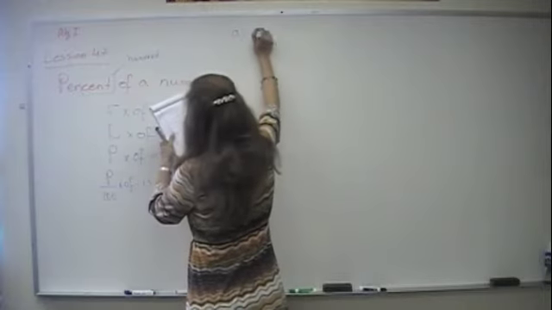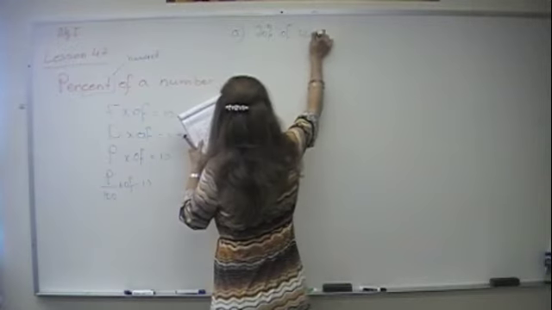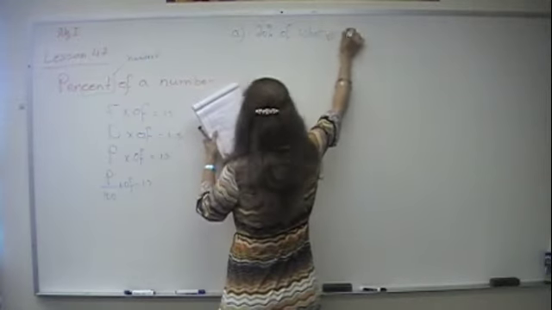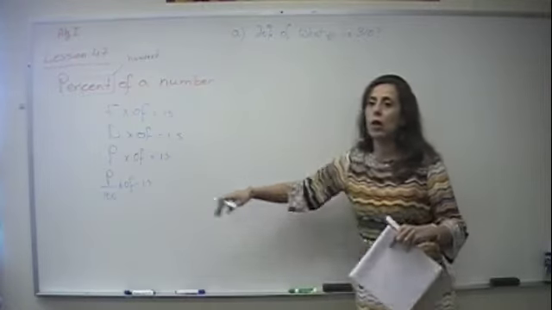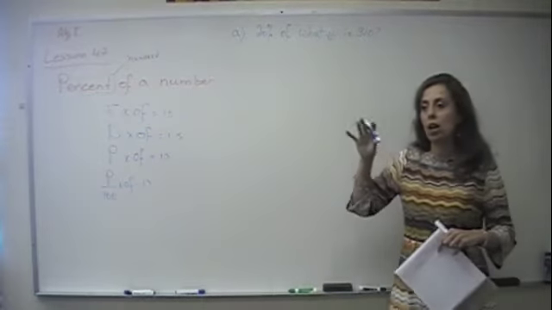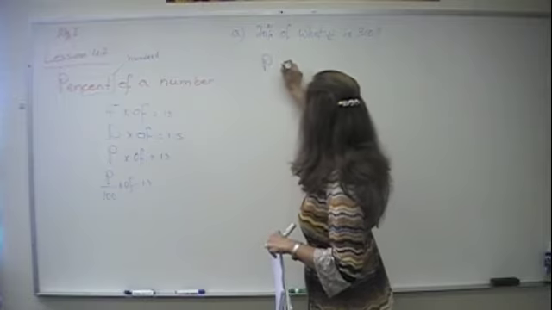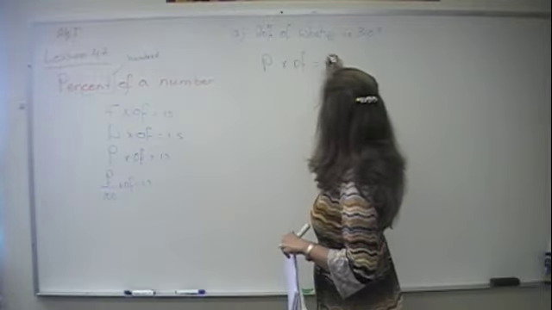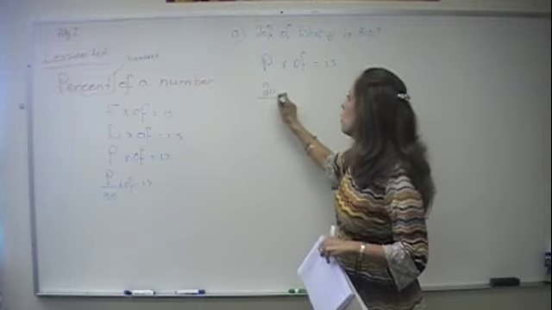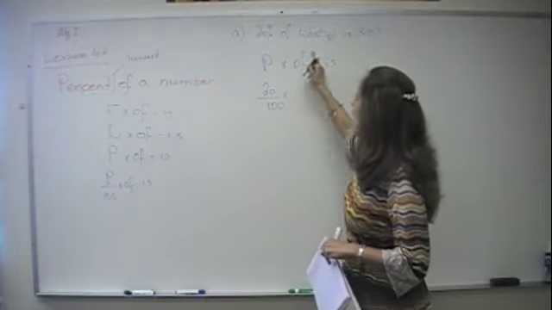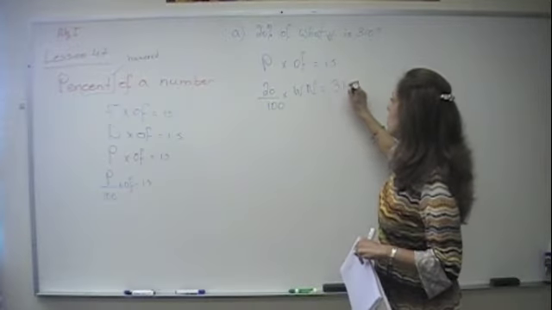First example A, 20% of what number is 310? You put the equation and you substitute everything you know for this something that you do not know. So p times of equals is. 20% for p would be 20 over 100 times what number, wn, is 310.